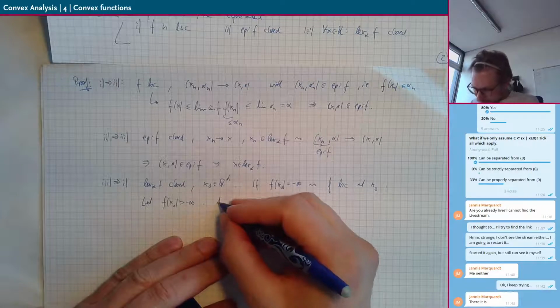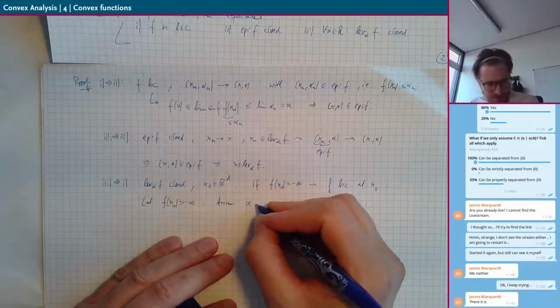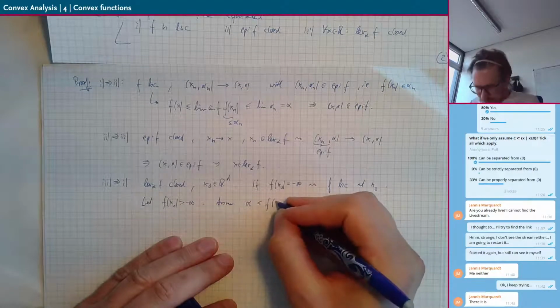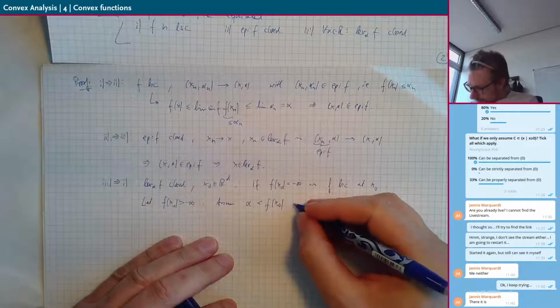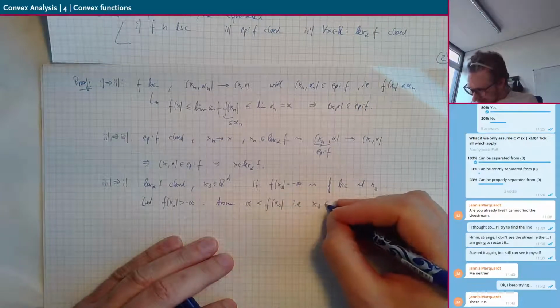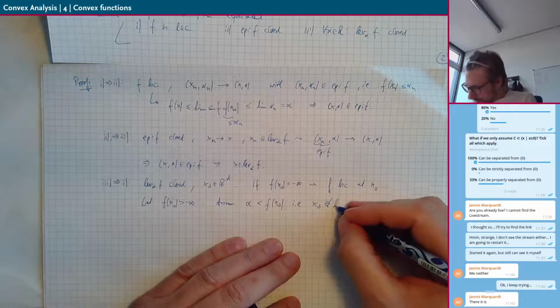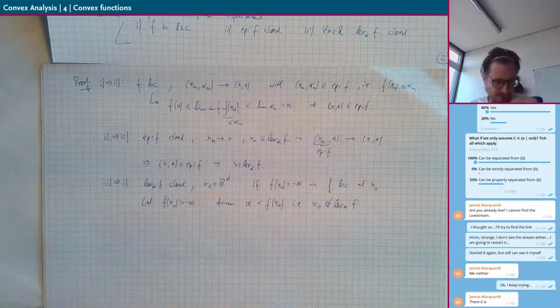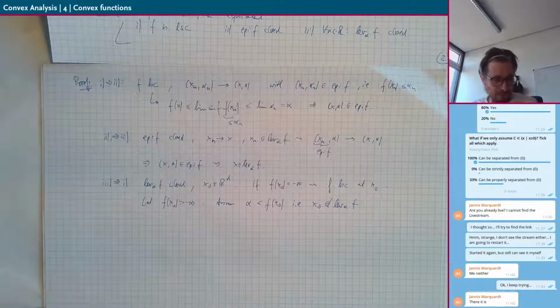Okay, so then what we do is we take an alpha which is now smaller than f of x0, and this says that x0 is actually not in the lower level set of f for the level alpha.